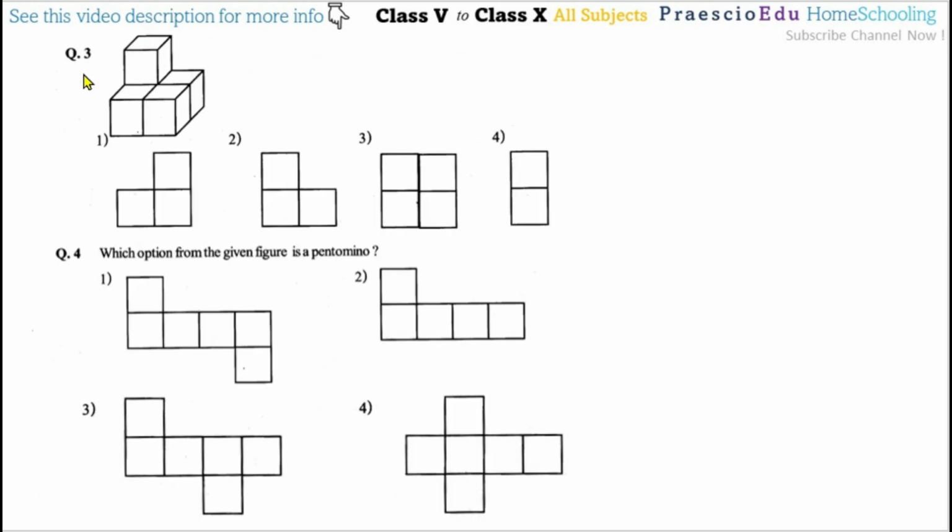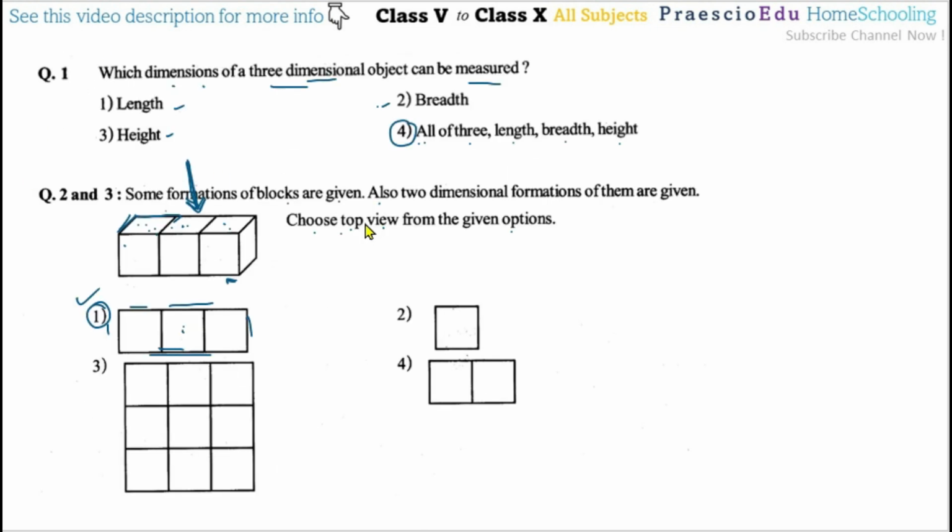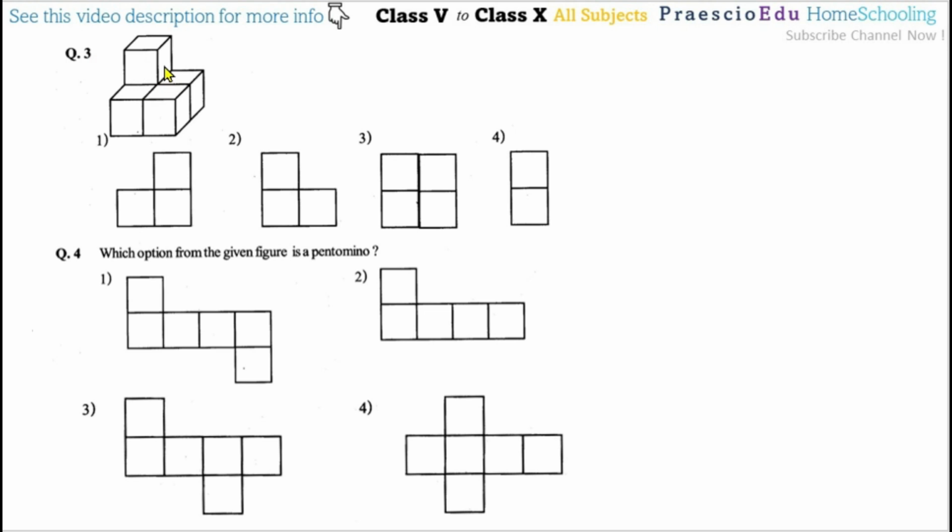Now question number 3. Here it mentions choose the top view from the given options, for questions number 2 and 3. In question number 3 this object is given, and we have to look from the top. So this surface we will observe. This vertical face we cannot see, even this face we cannot see from the top, but this face, this face and this face we can see, continuously, like this one.